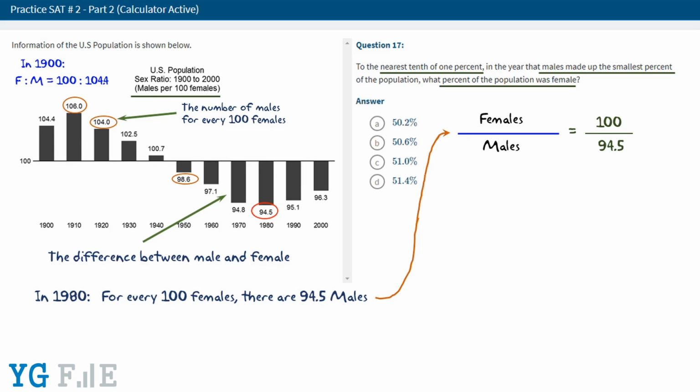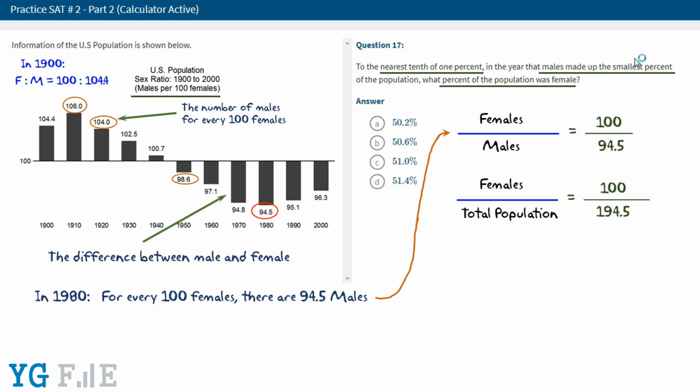Since we want the percentage of the female population, we need to find the ratio of females to the total population in that year. Since the ratio of females to males is 100 to 94.5, the ratio of females to the total population will be 100 to 194.5.